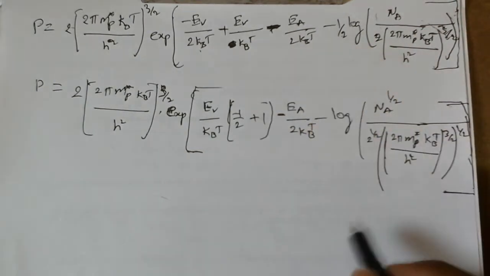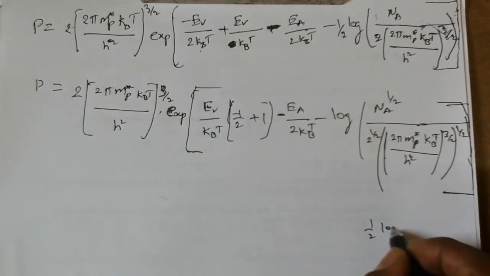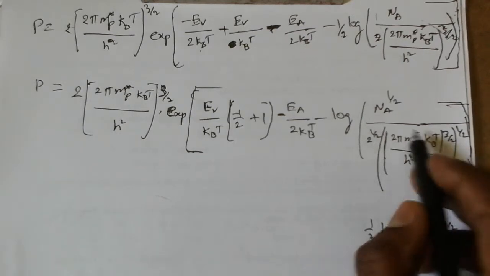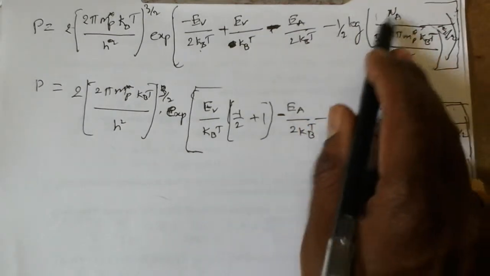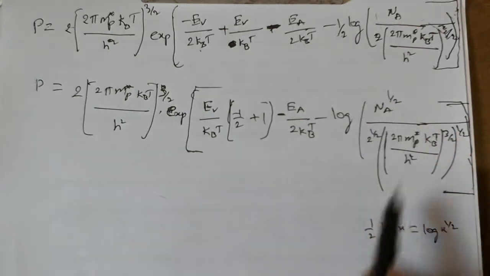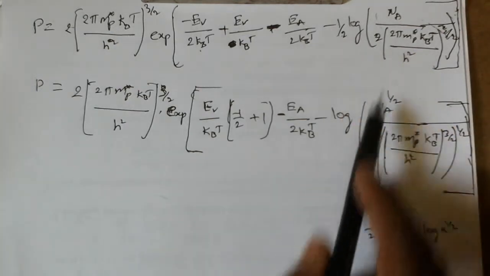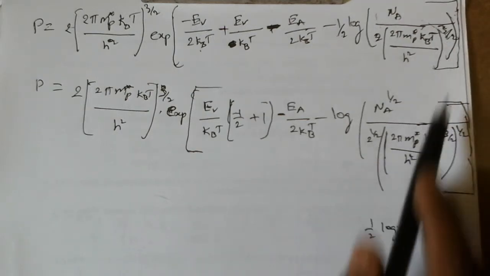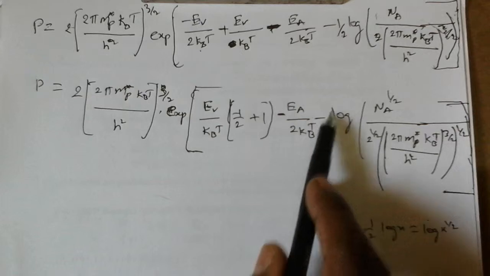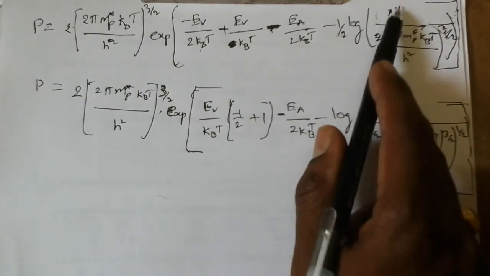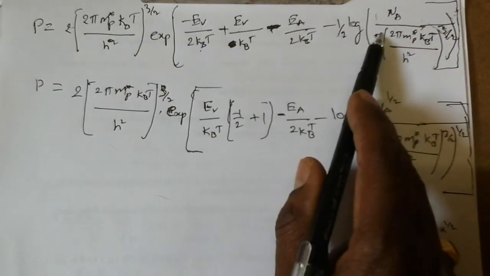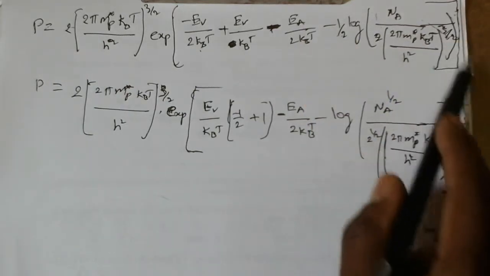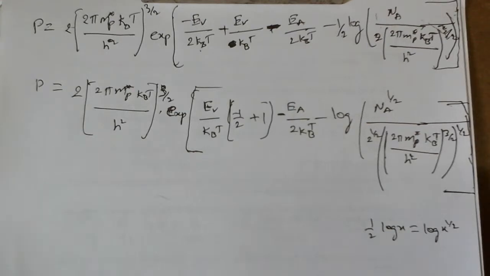Here we applied 1 by 2 log x is equal to log x to the power of 1 by 2. This we have done here. So 2 power also 1 by 2, and this 1 by 2 is coming here. This power I am also writing as 2 power 1 by 2. This is also coming to the power of 1 by 2. Like this we are getting.